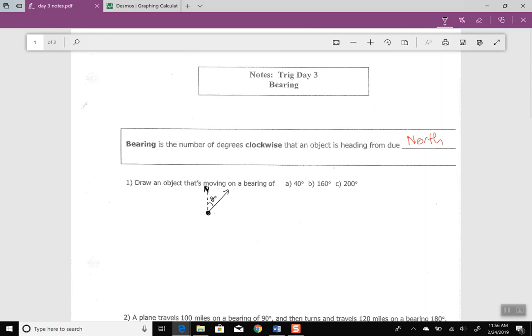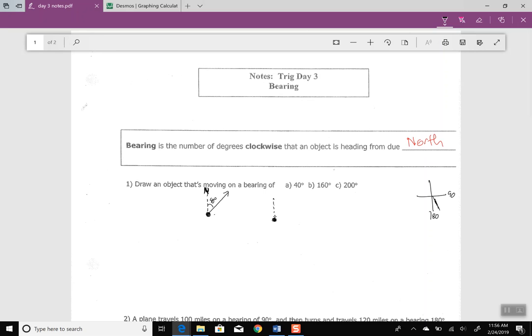An object that's heading 160 degrees: here's 90, 180 is straight down, so 160 is somewhere down there. Again, I imagine due north, that line's not really there, I'm just using it to help me imagine it. This object would be traveling on a path somewhere down there. And then 200 degrees: if 180 is straight down, 200 is going to be a little bit past it.